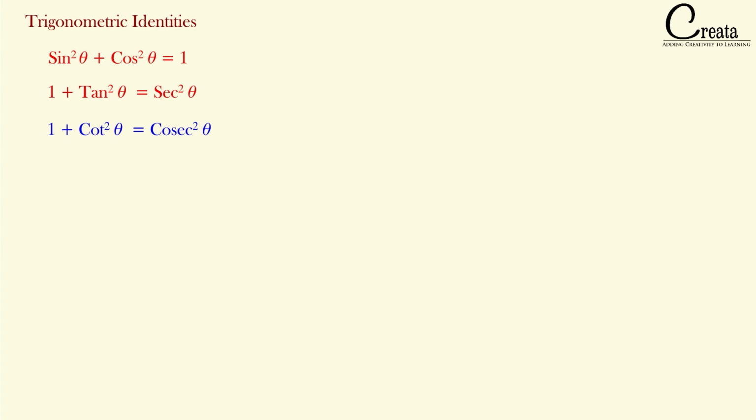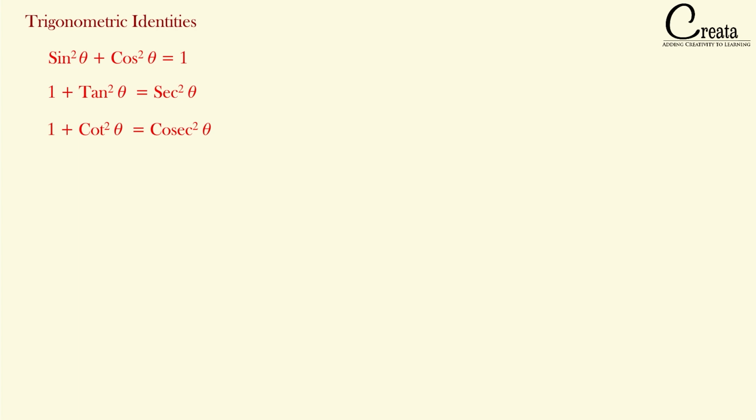Third formula involves the relation between cot and cosec, that is 1 plus cot square theta is equal to cosec square theta. Especially I have mentioned the relation between the trigonometric ratios because this will be used in solving the questions. You have to know which trigonometric identity to apply based on the relation between the different trigonometric ratios. As we take down different questions, you will understand it more.